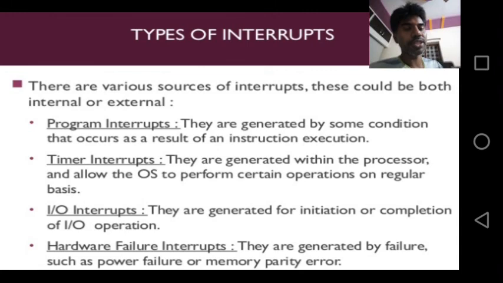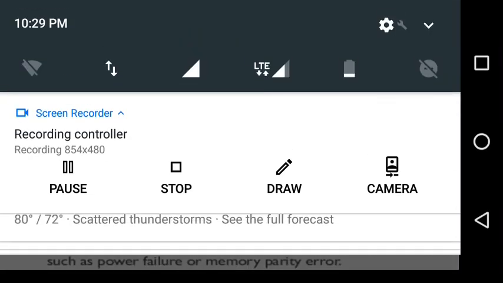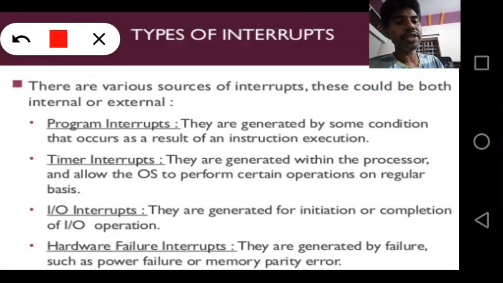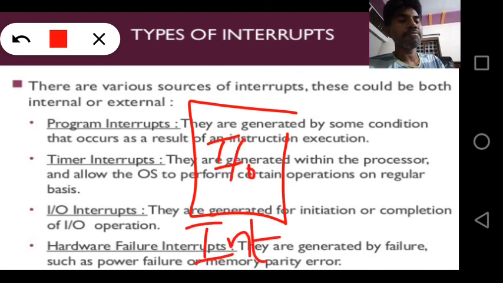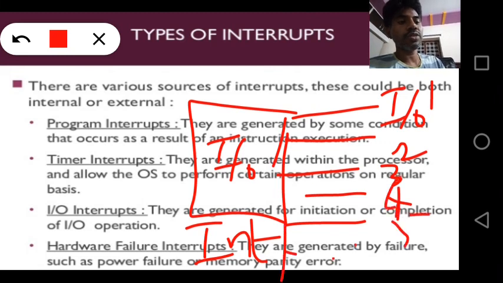But here the question is, what if more than one IO device wants to generate an interrupt? See, this is my IO interface, and these are all IO devices: IO devices 1, 2, 3, 4, 5, 6.